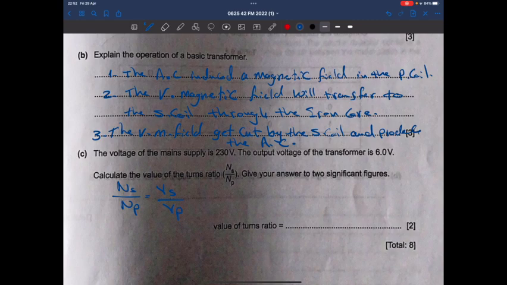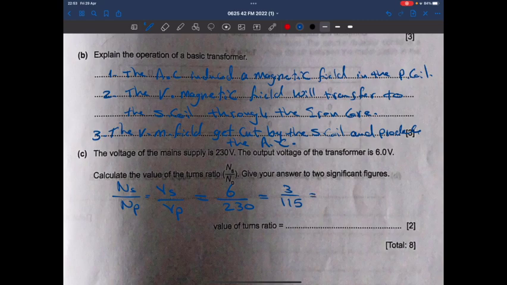That means VS in the secondary is 6 divided by VP in the primary, which is the input, 230. In the simplest form, it is 3 divided by 115.